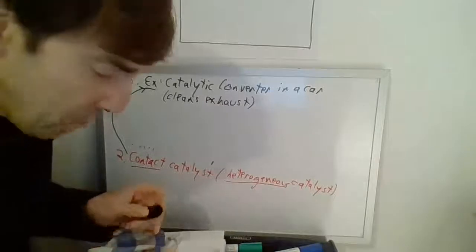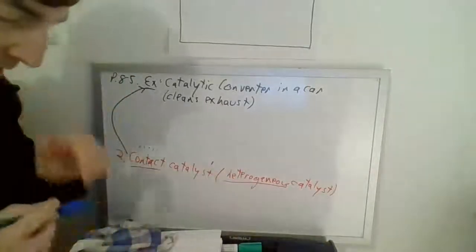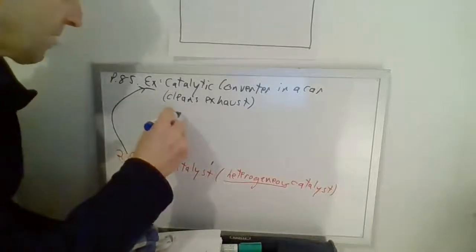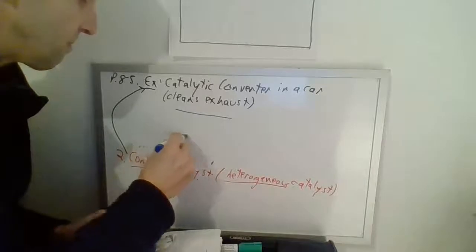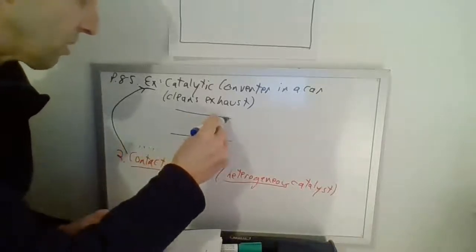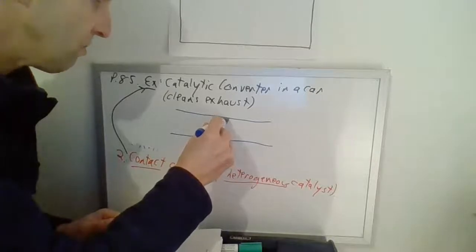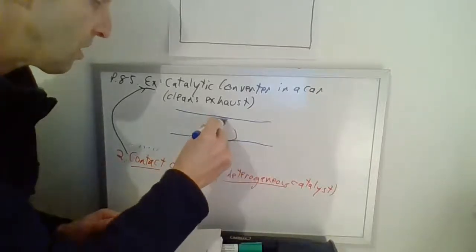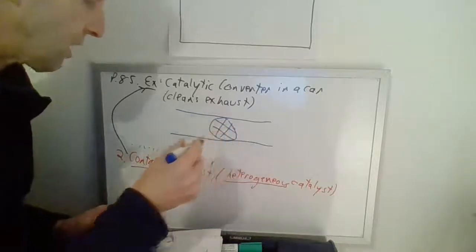And it's the most expensive piece on the car. You'll soon see why. So it's more or less a honeycomb thing, but I can't draw that. So I'm just going to draw some chicken wire instead. So here's your exhaust coming in. And it goes through this honeycomb. And we'll just draw some wires here, okay?